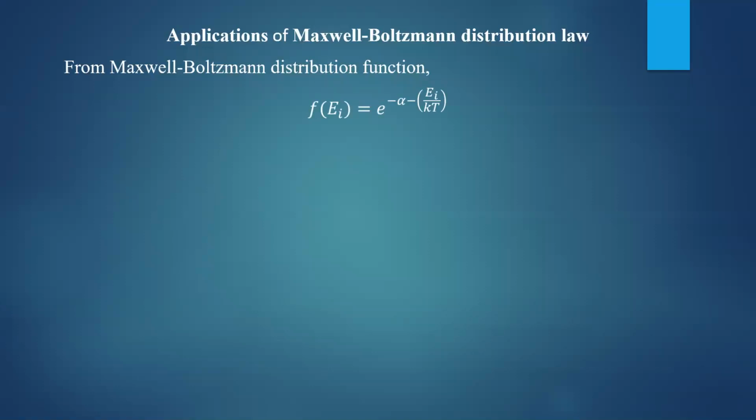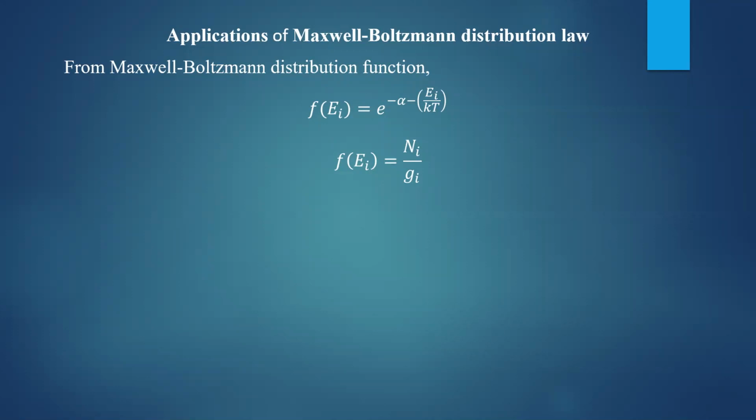Next, we also know that the distribution function is basically the ratio of the number of particles in the ith state divided by the number of available states Gi. Gi is the number of available states corresponding to the particles. So the distribution function is given by Ni by Gi.